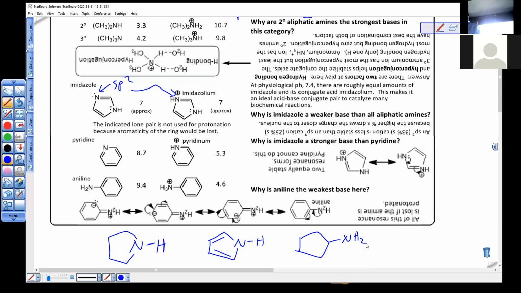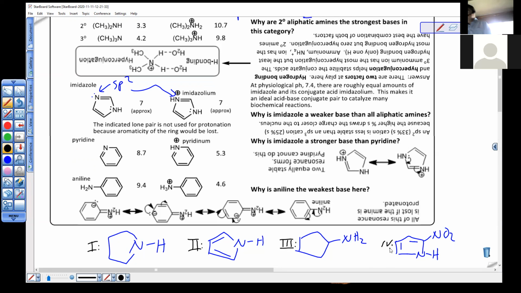Versus, let's just say, this one here. I think we only have time for that. Go Roman numerals. And you know I like this question: putting these in order of weakest base to strongest. That's what I want to do.